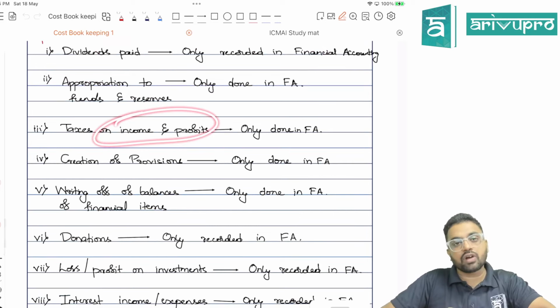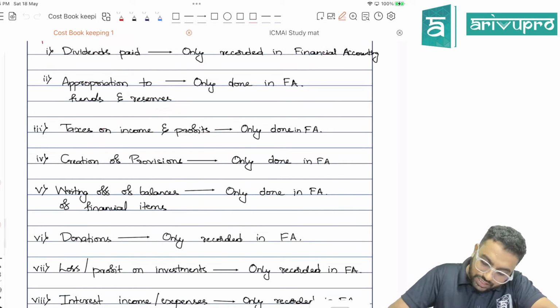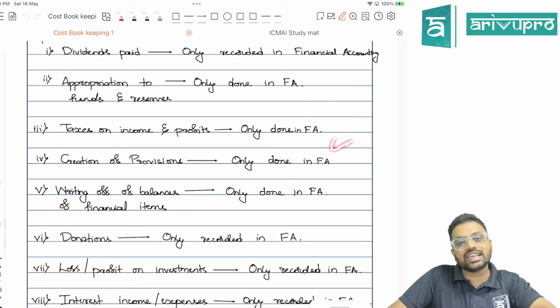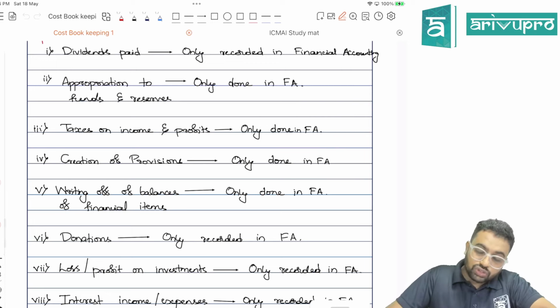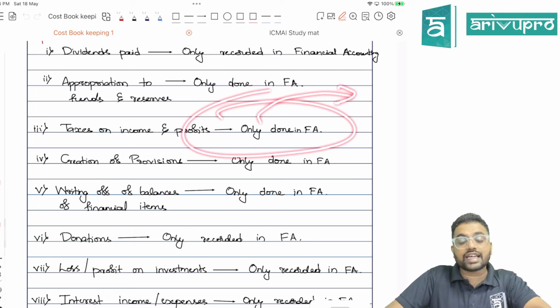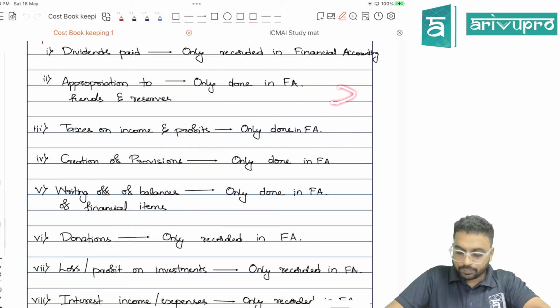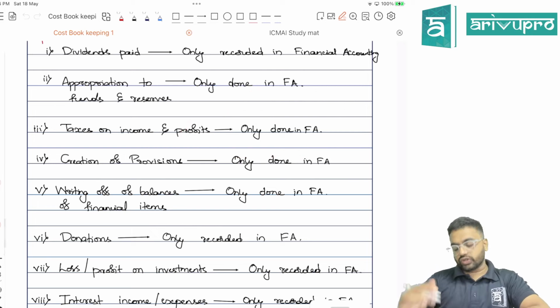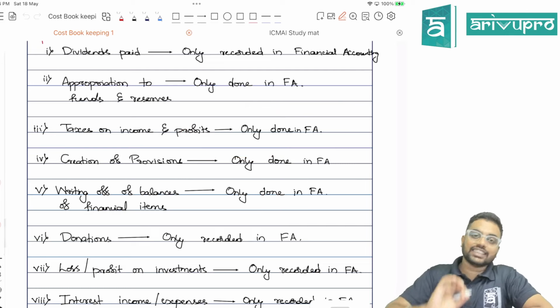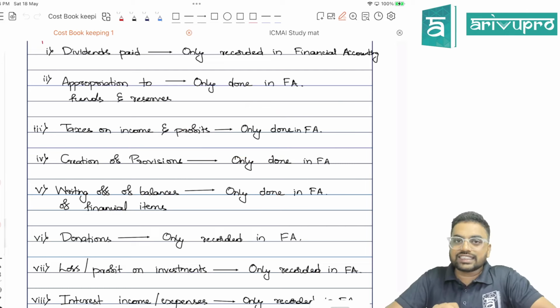Taxes on income and profit. Listen here, guys. There are two kinds of taxes: direct tax and indirect tax. Indirect taxes are those we pay when we purchase, when we sell, etc. We already considered them while calculating the cost of material, if you remember. So as per the cost records, we consider the indirect taxes but not the direct taxes.